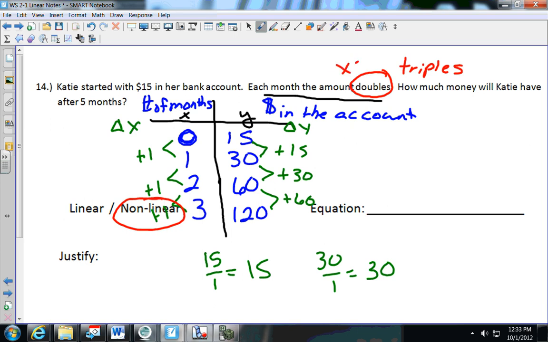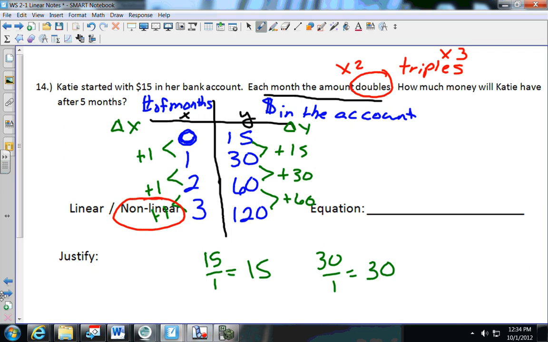Because remember, doubles is times 2. Triples is times 3. Anytime it tells you that, it is not linear. Anytime it doubles or triples, don't tell anybody, but it's not linear. So it's nonlinear when it uses those words.